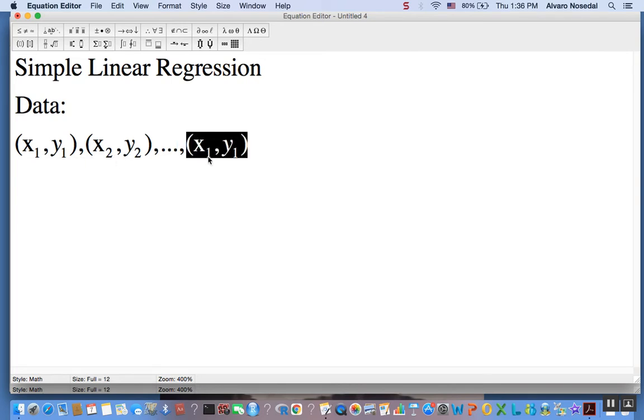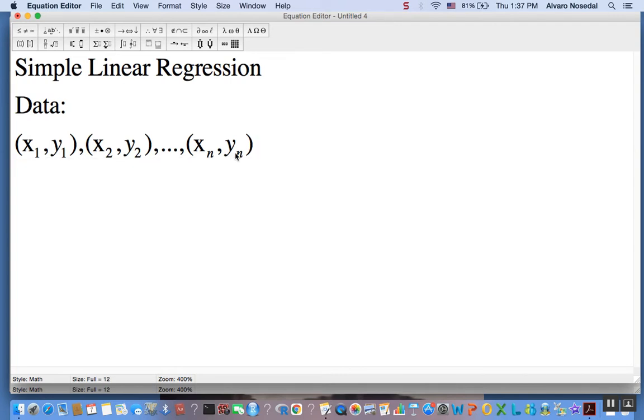So we have n observations, and now each observation is a pair, right? Now the first coordinate, the x coordinate, represents a value for a predictor variable, and the y coordinate represents what we call the response variable, the one that we want to predict. Okay, so we have n values for the predictor, n x's, and we have the corresponding y's.